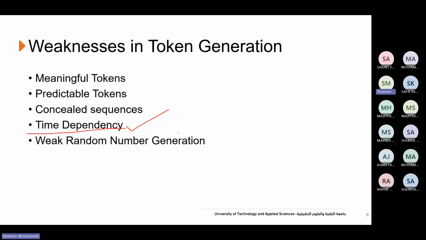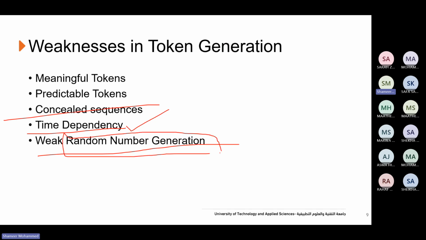The last one is weak random number generation. Don't use a simple random number generation technique. In Python or Java, you have a method for random number generation.